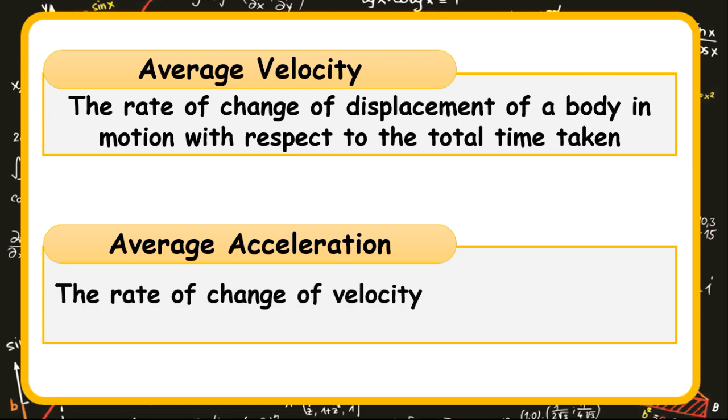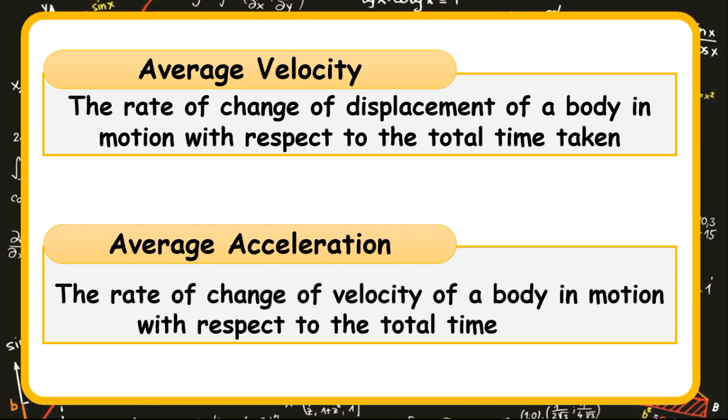And the same goes for the average acceleration. When you compare the change of velocity of a body in motion with the total time, you have just found the average acceleration. So a quick review: the instantaneous just looks at a short period of time, whereas the average looks at the total period of time.